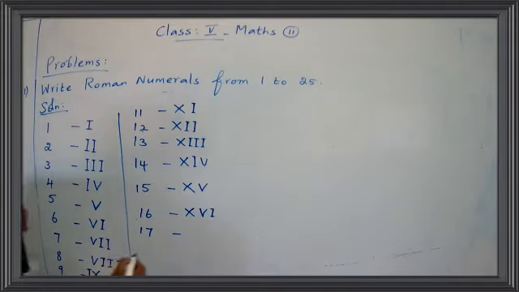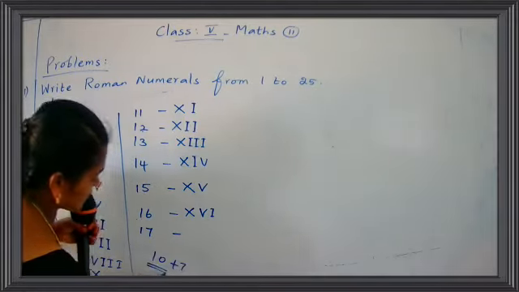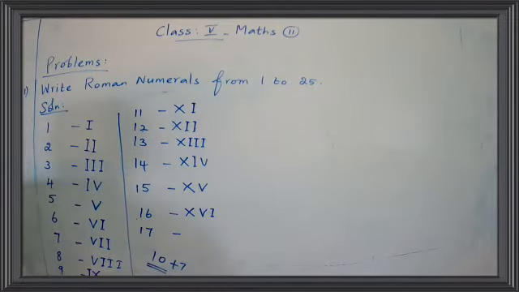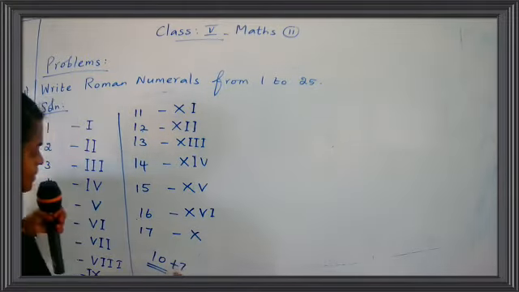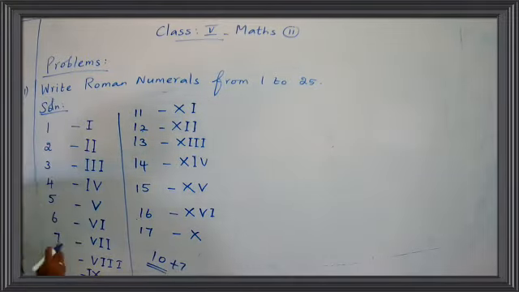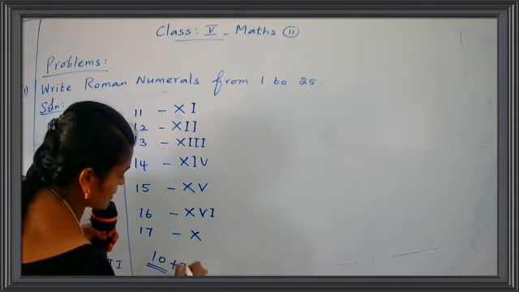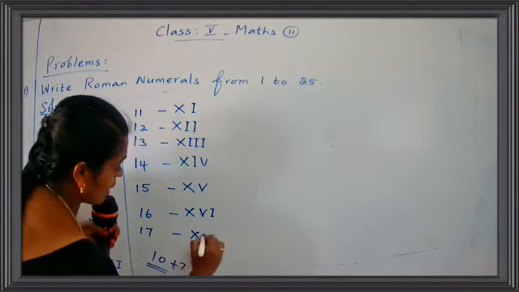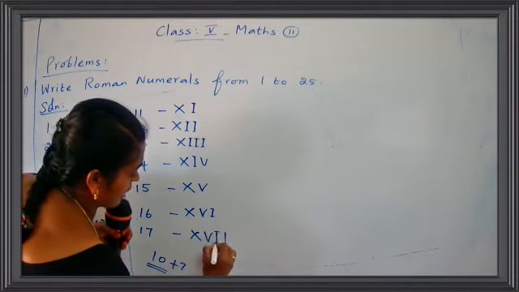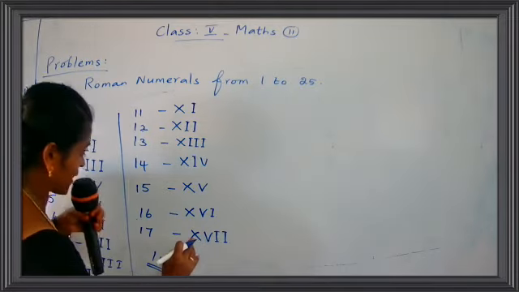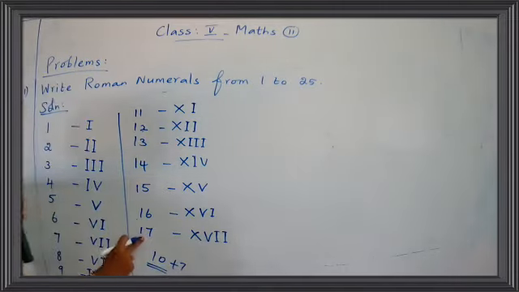How will you write 10 in Roman numerals? X. Now 7. VII stands for 7. So 10 plus 7 is equal to 17, XVII.